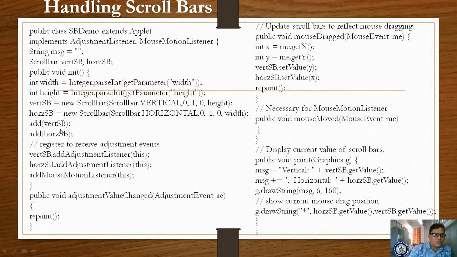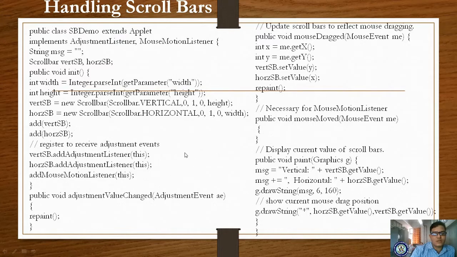Now whenever you click, whenever you adjust that scroll bar, some events are executed. To handle those events, you have to implement the code. Let us see what code we are implementing. vertSB.addAdjustmentListener. It is addAdjustmentListener, right? So that is why addAdjustmentListener of this.